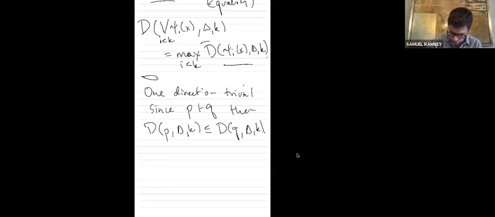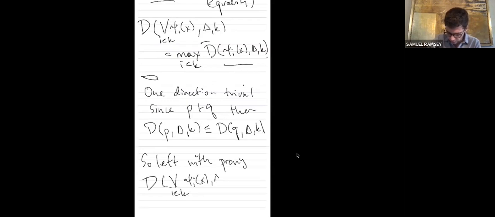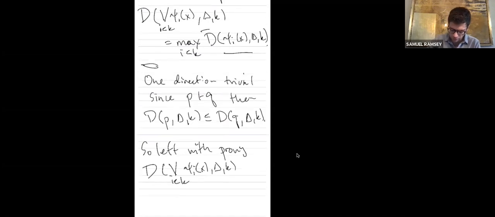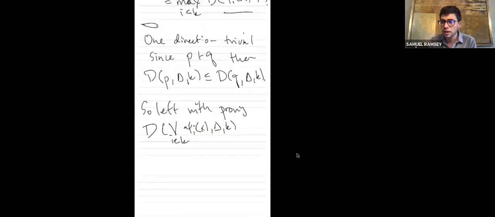So we must prove that D of the disjunction of K, Cix delta K, is less than or equal to the other side.